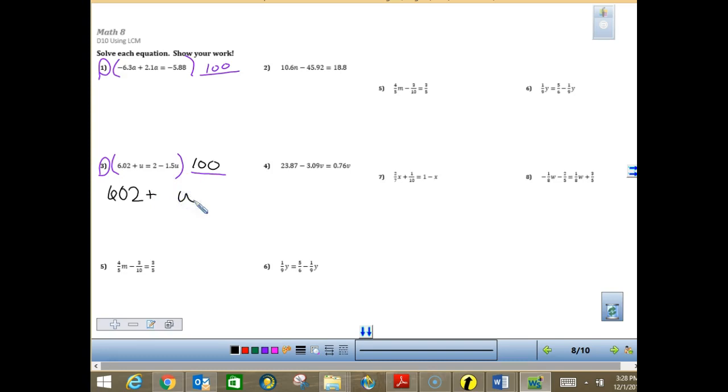They'll just leave the u, because they're like, well, there's no decimal in it. Remember, that is a 1 in front, and 1 times 100 is going to be 100u. Keep your equal sign. Then we're going to have what for the next one? 200 minus 150. Is that making sense?